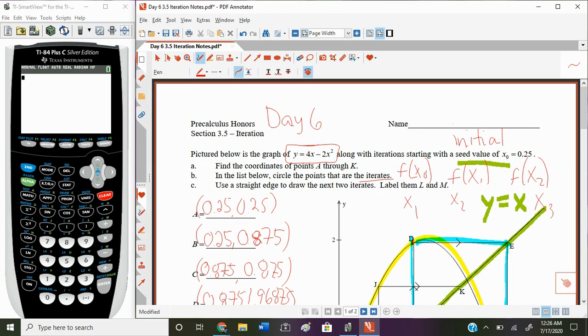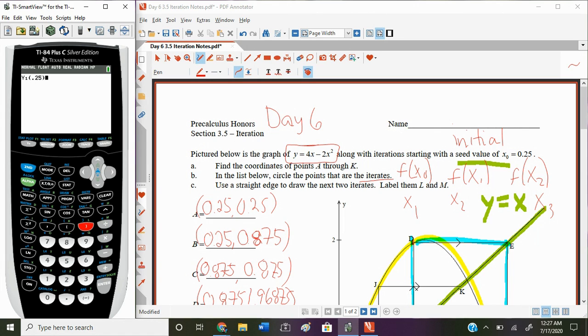All right, going to our first iterate, we substitute in 0.25 into the equation. So if you go to vars, go to the right arrow, move over to y bars. We have our functions that we typed into y equals. In our first equation, we had typed in 4x minus 2x squared, and we had substituted the number 0.25 in there.